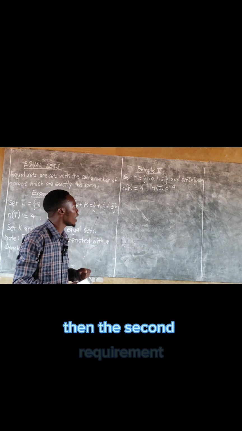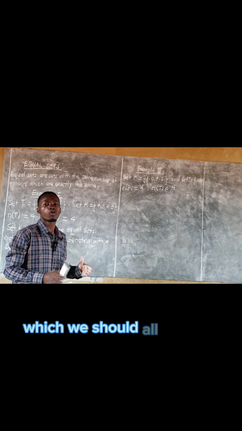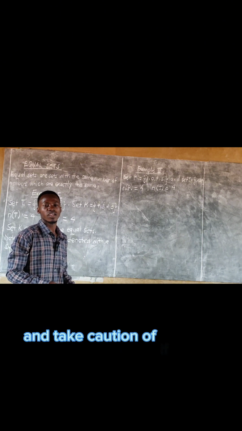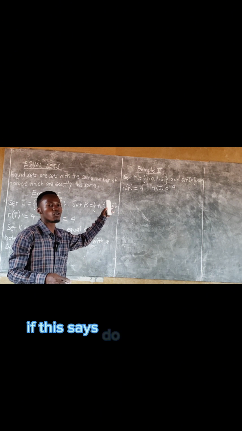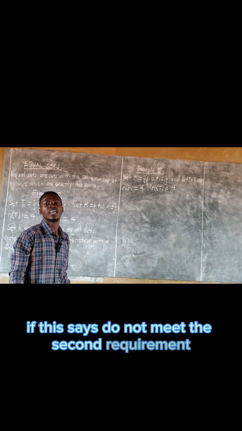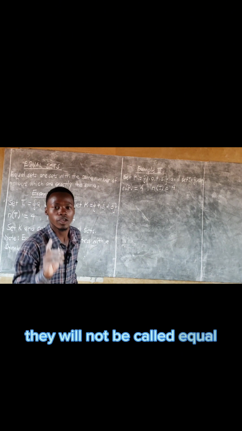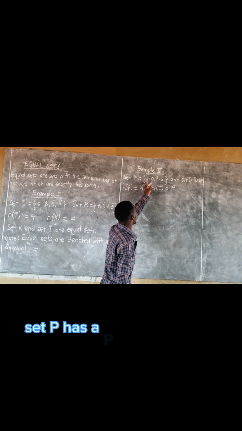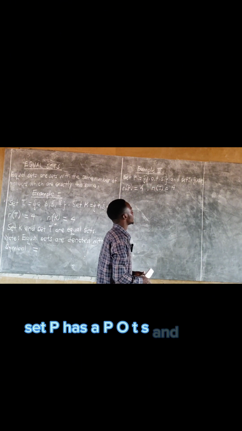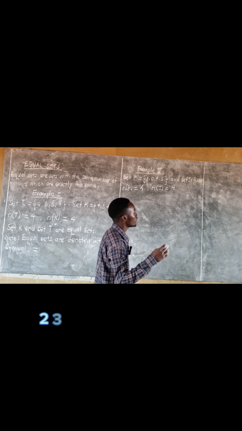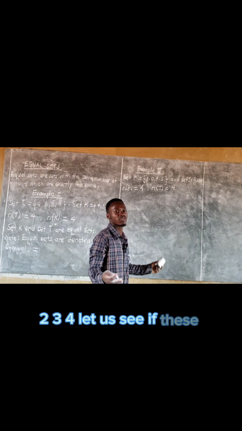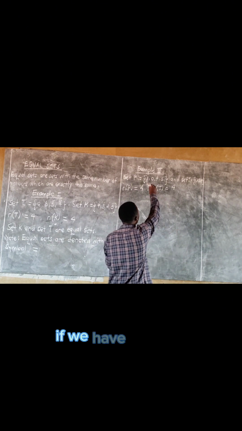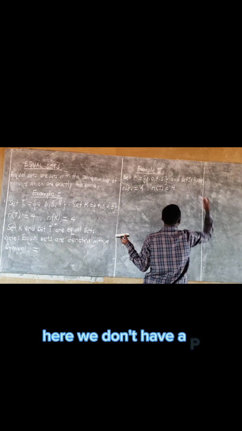Then the second requirement, which we should all critically look at and take caution of: if these sets do not meet the second requirement, they will not be called equal sets. For example, set P has {P, O, T, S} and set J has {1, 2, 3, 4}. Let us see if these members are exactly the same. If we have a P here, we don't have a P there.